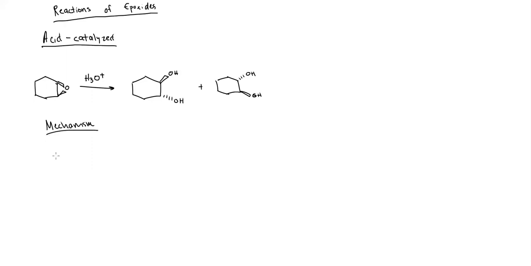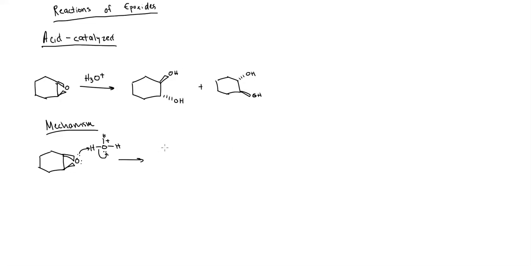Okay. So mechanism-wise, what happens is with acid-catalyzed, we have our starting epoxide, and this has 2 lone pairs on it. And H3O+ is going to come in and it's going to protonate that oxygen that has the 2 lone pairs. So it's going to protonate that.